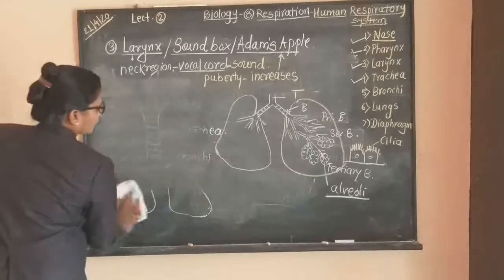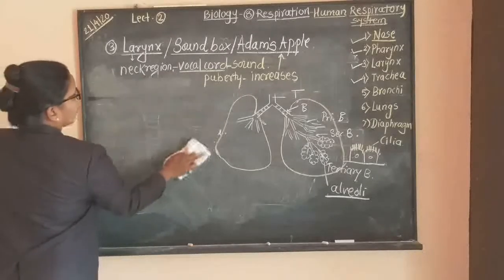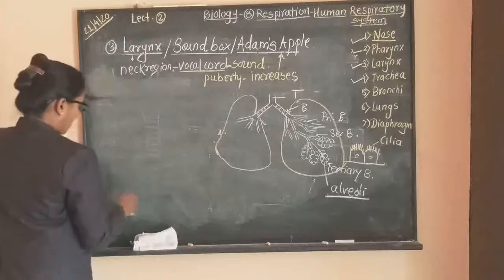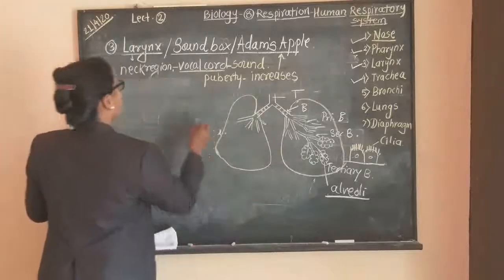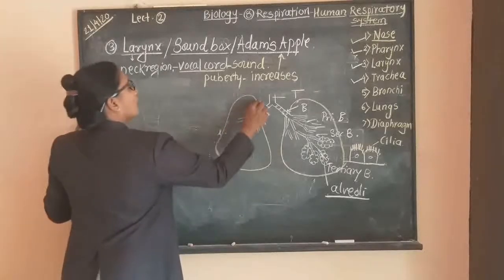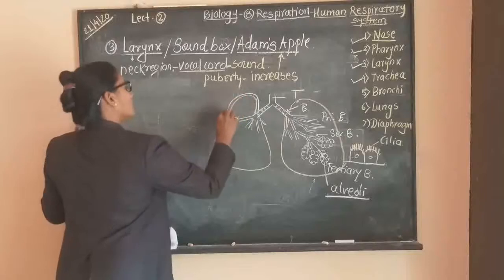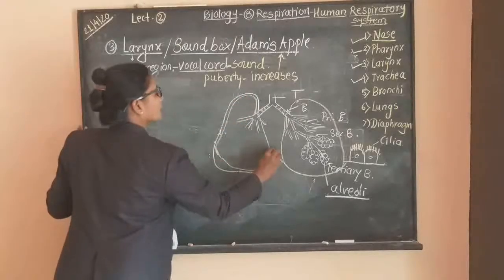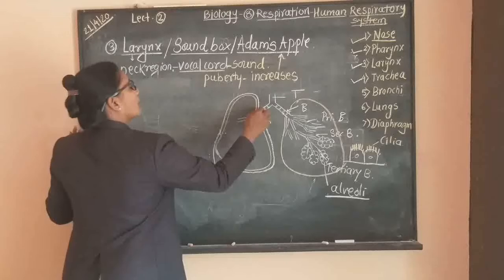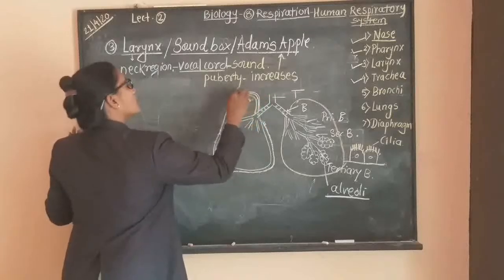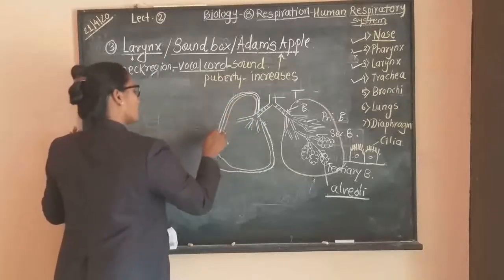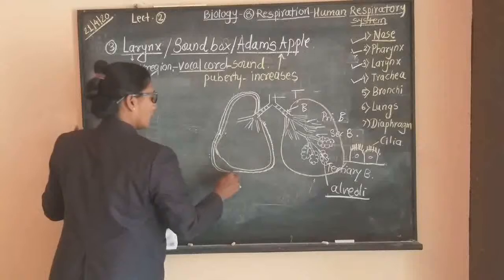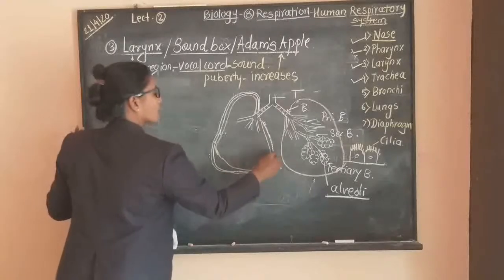If you observe only the lungs, externally they are covered by a double membrane. This is the first membrane, and this one is the second membrane. That is, the lungs are covered by 2 membranes.